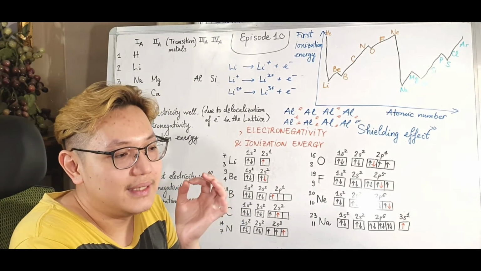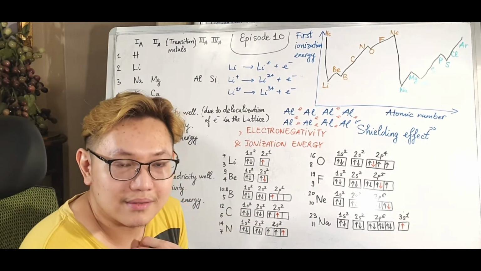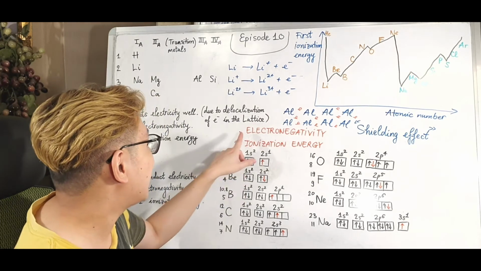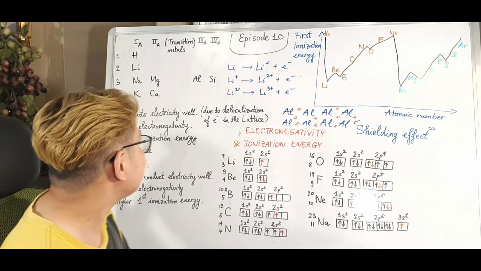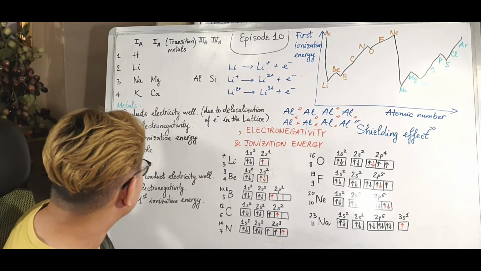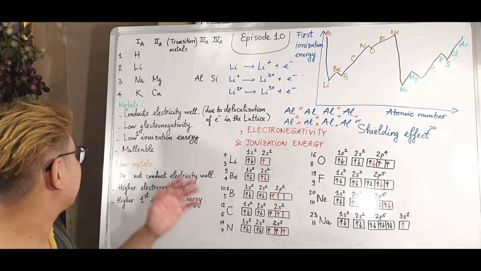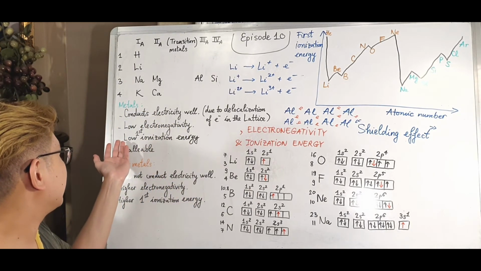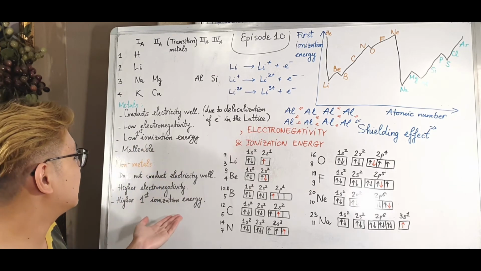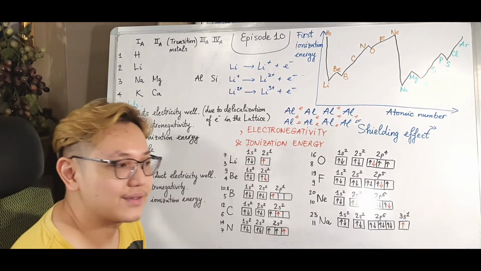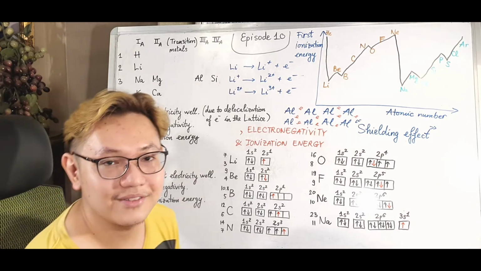Non-metals very easily accept electrons, so they have high electronegativity. Alright. And also, I think I already explained low ionization energy and higher ionization energy. So I think that was quite enough for this video.